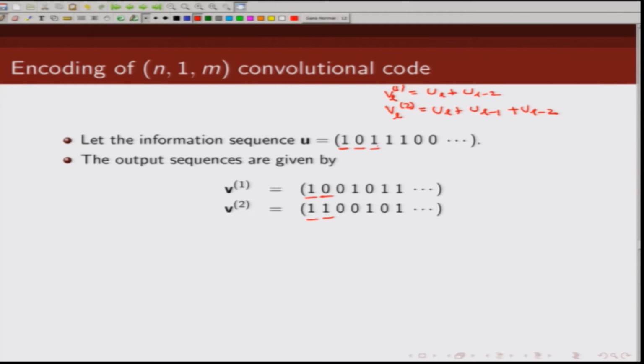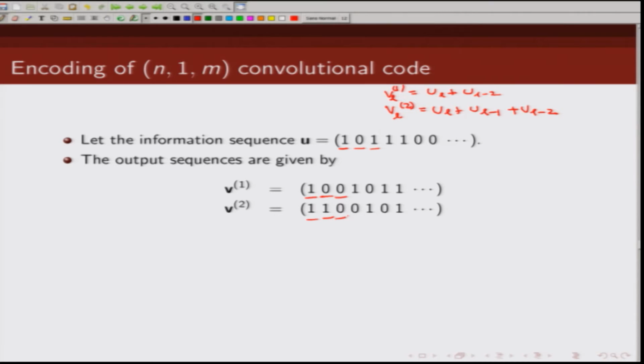So, if this is 1, UL minus 1 was 0 and UL minus 2 was 1. So, 1 plus 1 is 0, and UL is 1, UL minus 2 is 1 and UL minus 1 is 0. So, 1 plus 0 plus 1 is 0. Like that you can write down the output coded sequence.